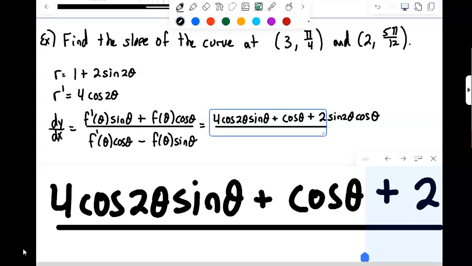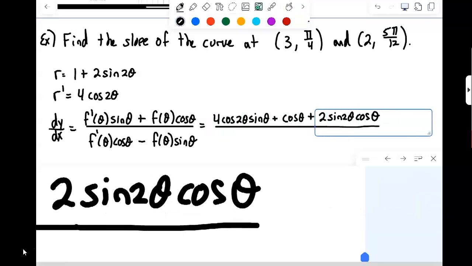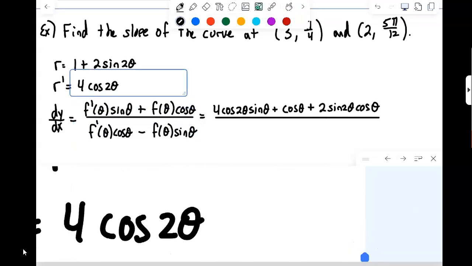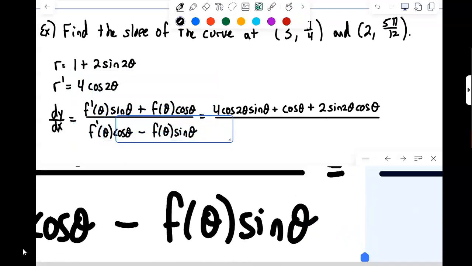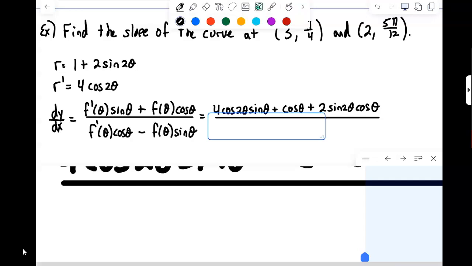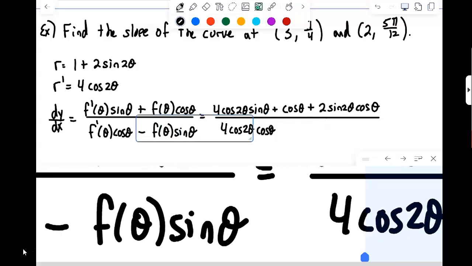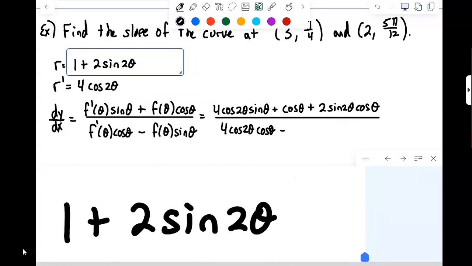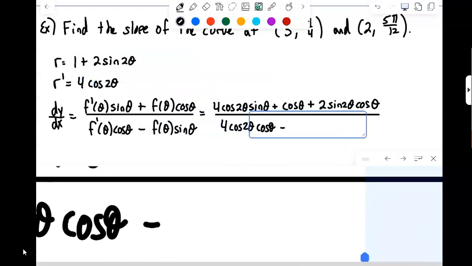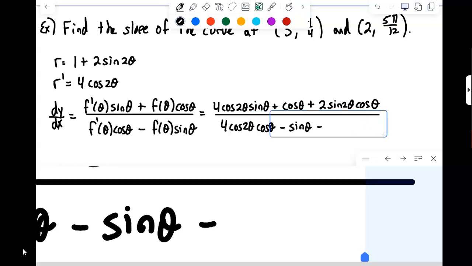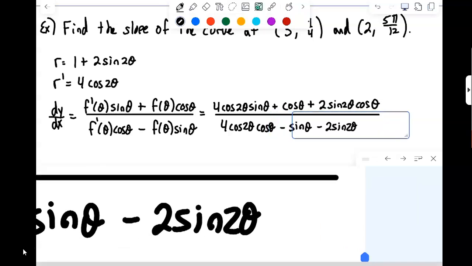That'll be on top. And then on the bottom, it's going to be f prime, 4 cosine 2 theta, times cosine, and then minus this stuff times sine. So that'll be minus sine theta, and then minus 2 sine 2 theta sine of theta.